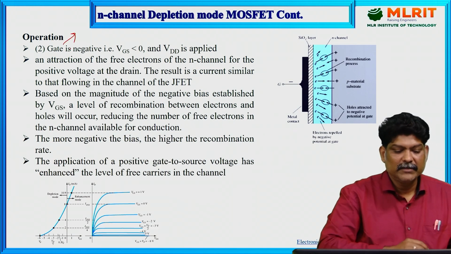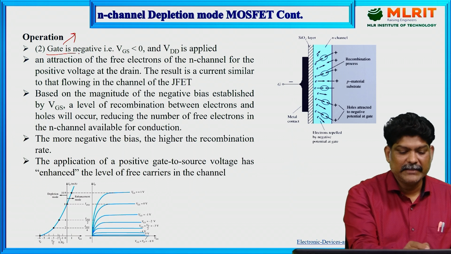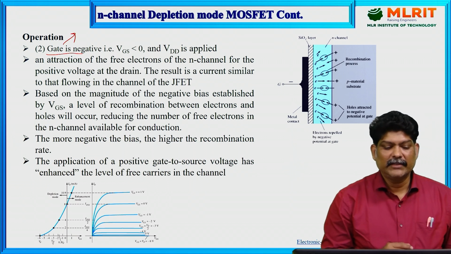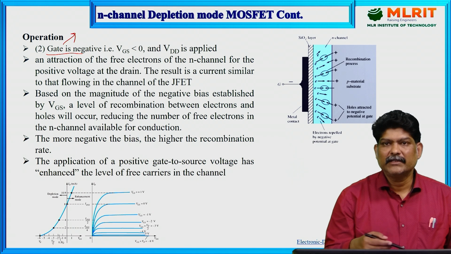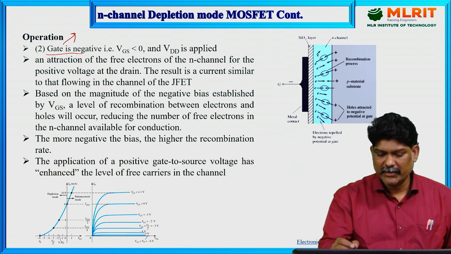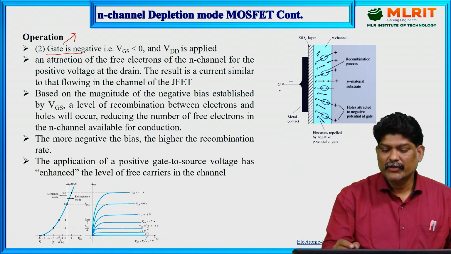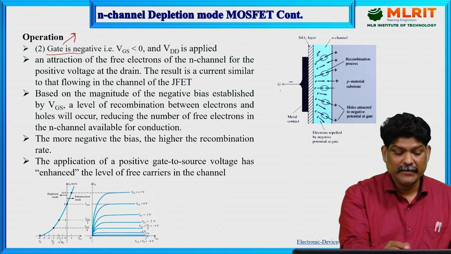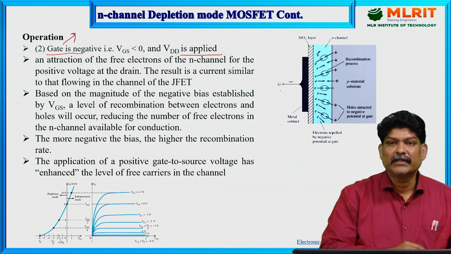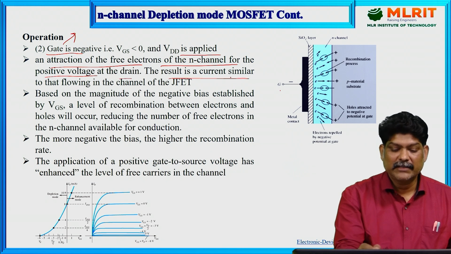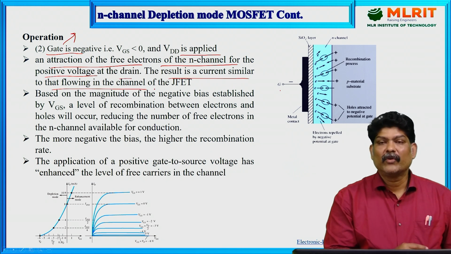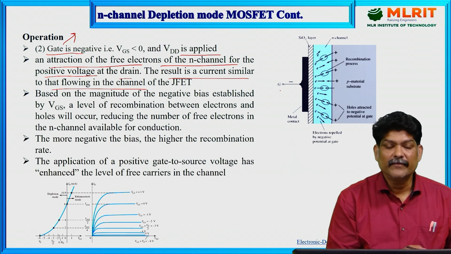Coming to the second case of operation, that is gate voltage less than 0. If you are decreasing the gate to source voltage, what happens here? We are applying some positive voltage VDD. There is an attraction of free electrons of the N channel for the positive voltage at the drain. This results in current similar to that flowing in the channel of the JFET.